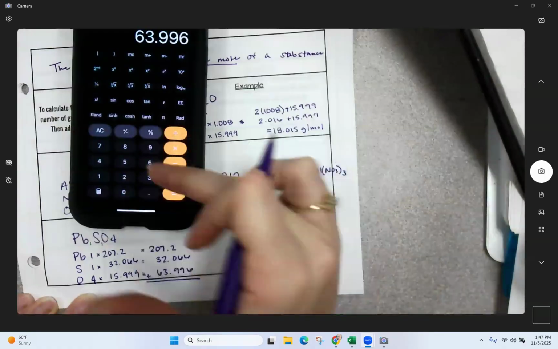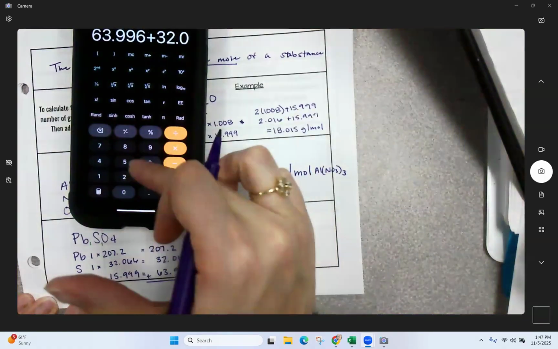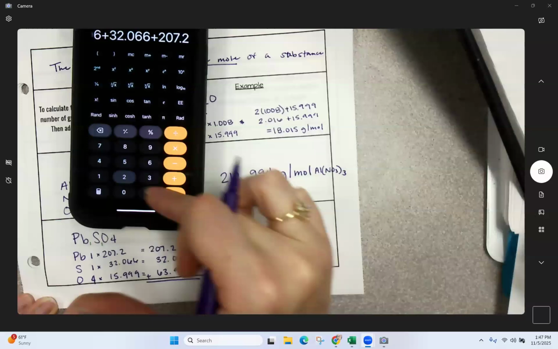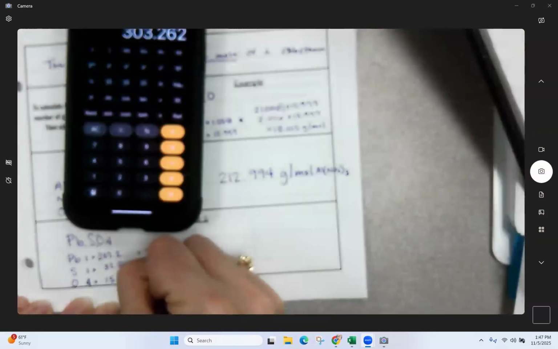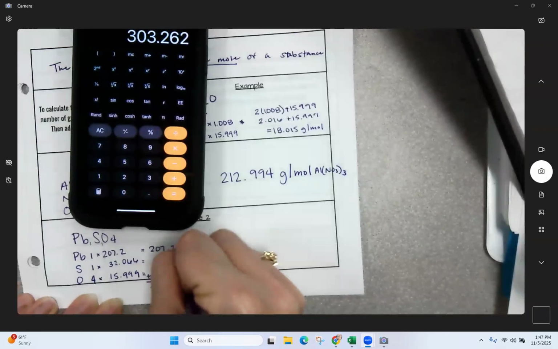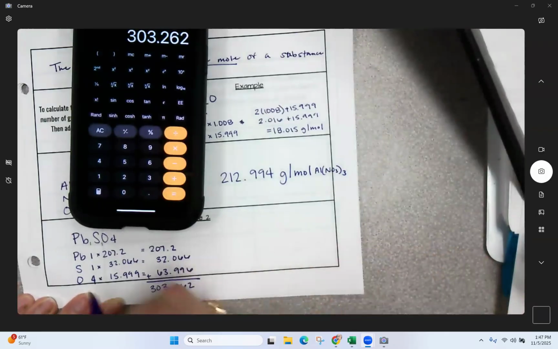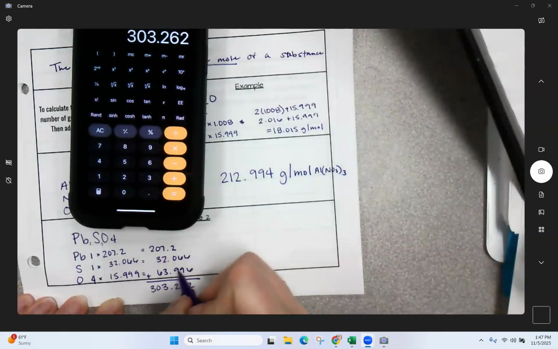So we're going to add that up. So 63.996 plus 32.066 plus 207.2 is 303.262. But for significant figures, remember when you're adding, you can only have the least number of decimal places.